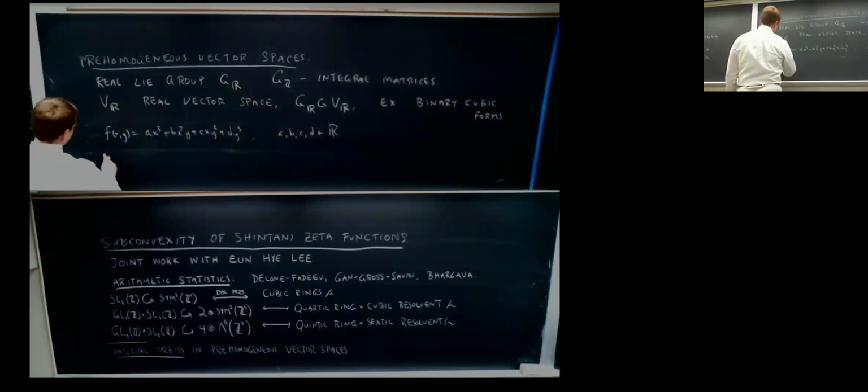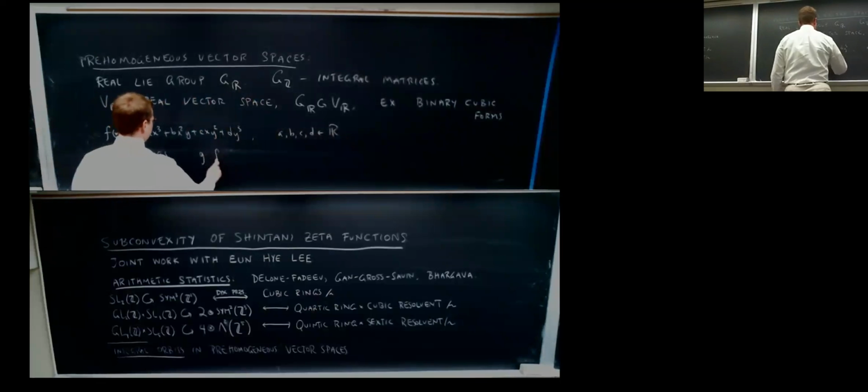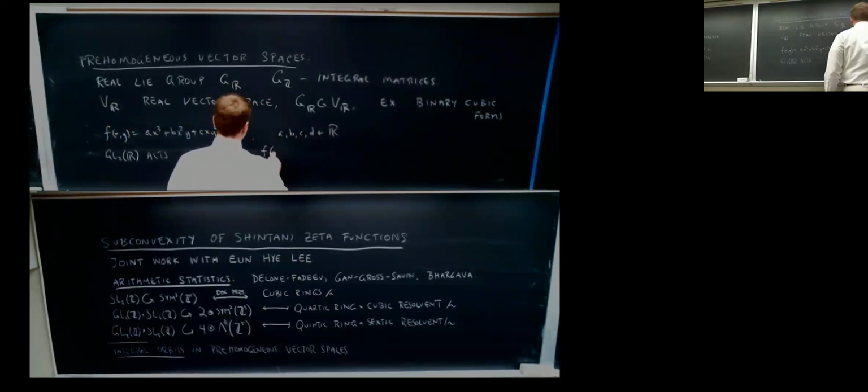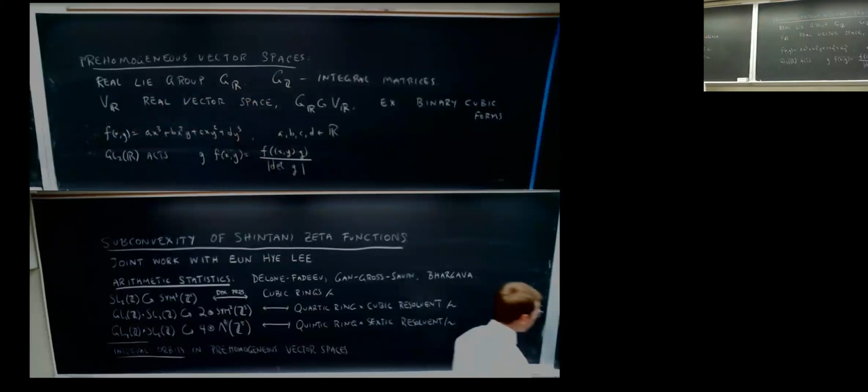Say GL2 acts as g dot f of x, y is equal to f of (x, y)g divided by the determinant.